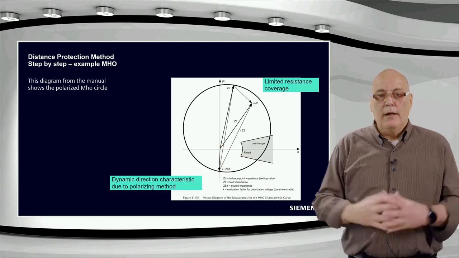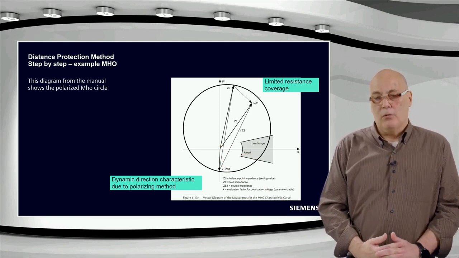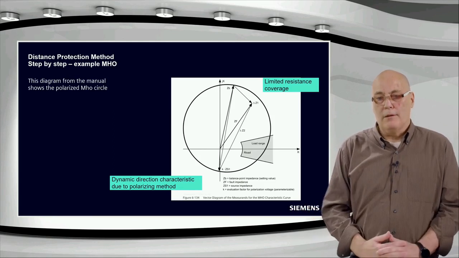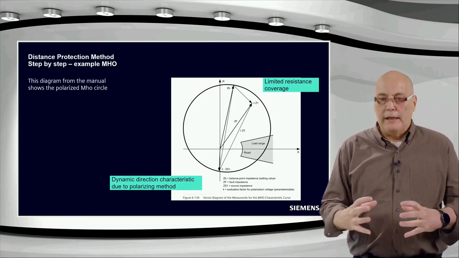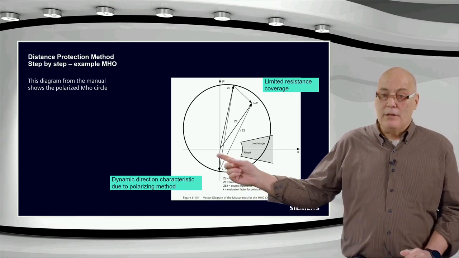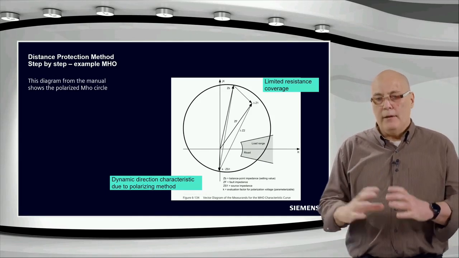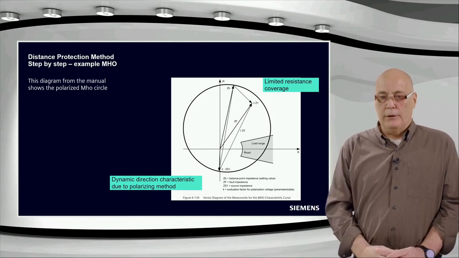This is a memory voltage polarized or quadrature polarized Mho circle. This polarization gives it this directionality. Now initially you can think, but if it's including the origin, it is non-directional, we see later on that this Mho circle is dynamic. It shifts depending on the fault location.